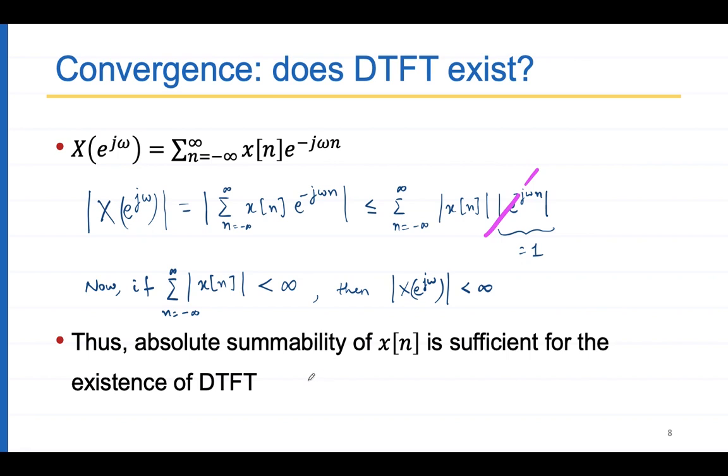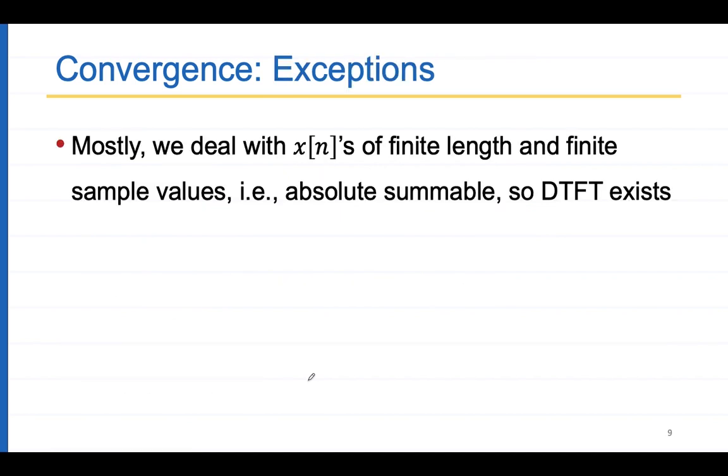Okay, so there are exceptions. Remember that we discussed the sufficient condition for the existence of the DTFT, that is the absolute summability of x[n], but this is still not a necessary condition. There are cases where x[n] is not absolutely summable, but the DTFT still exists.